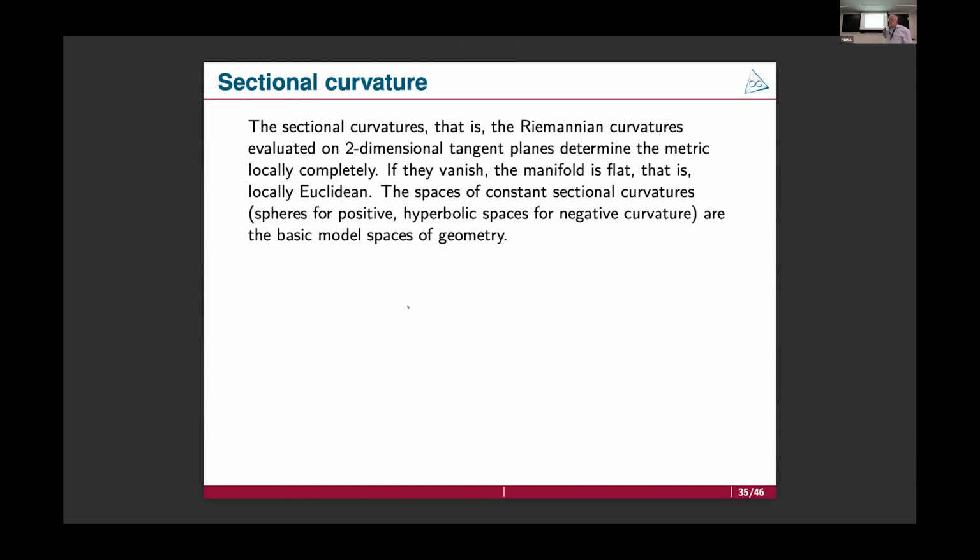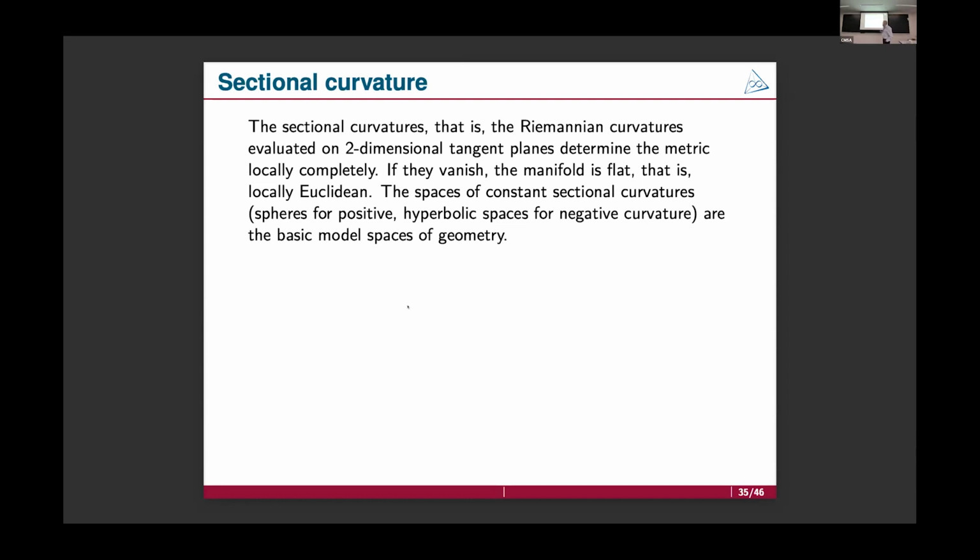Now, to recall from Riemannian geometry, if you have a Riemannian metric, you compute its sectional curvatures. That is, you evaluate the curvature tensor on 2-dimensional planes in the tangent space. And when you know all the sectional curvatures, then the metric is completely determined up to isometry locally. Now, that was the fundamental insight of Riemann.